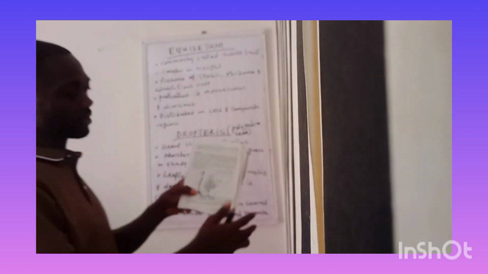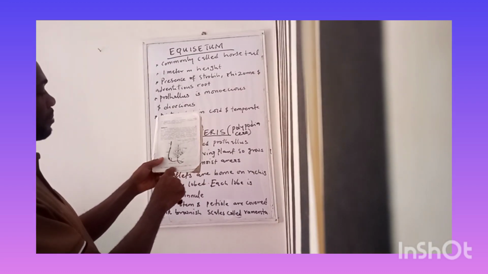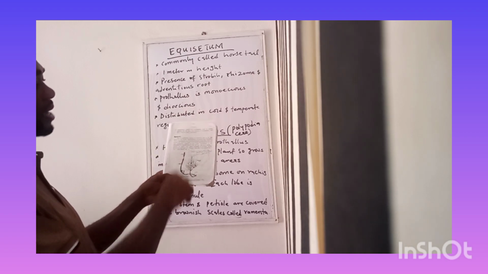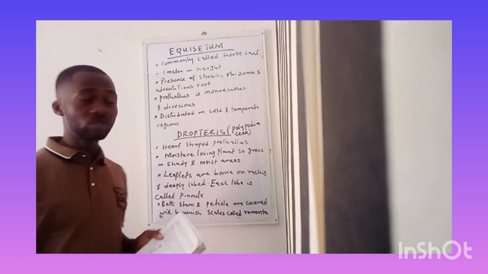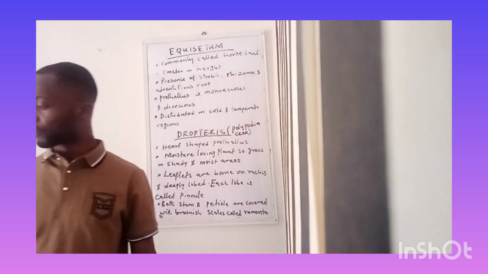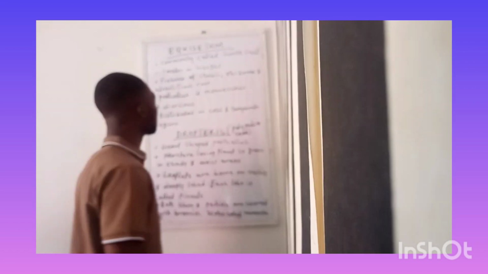So you could see this. Look at this. This is the plant, Equisetum. So it has a tail. It has a shape or a structure that looks like the tail of a horse. That is why it is commonly called the horsetail.